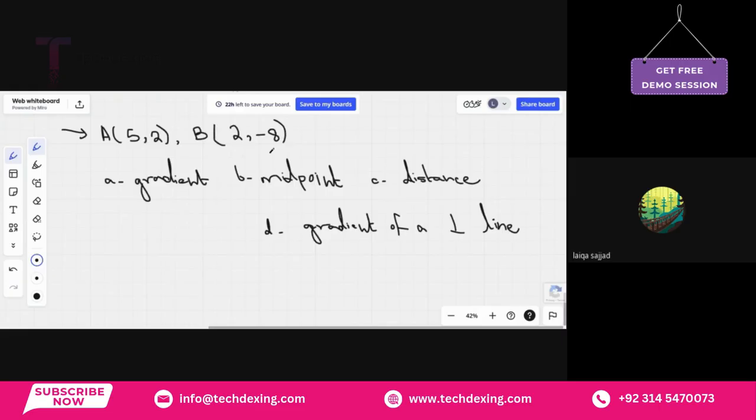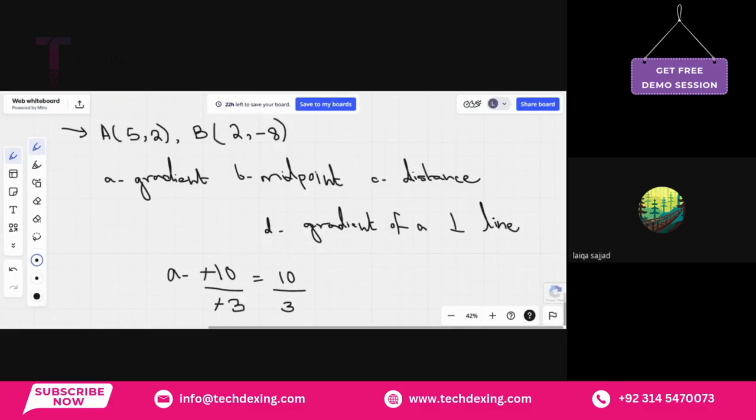You have to simply do y2 minus y1 divided by x2 minus x1. So minus 8 minus 2 will give you minus 10, divided by x2 minus x1, which is 2 minus 5, so minus 3. So your gradient will be minus 10 divided by minus 3. The minus cancels the minus and you will be left with 10/3. It's not 5.